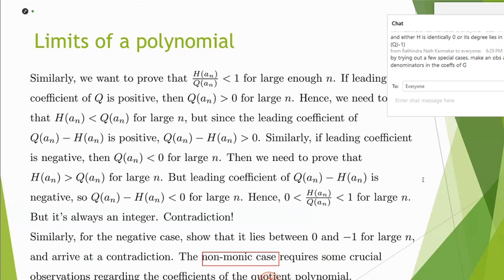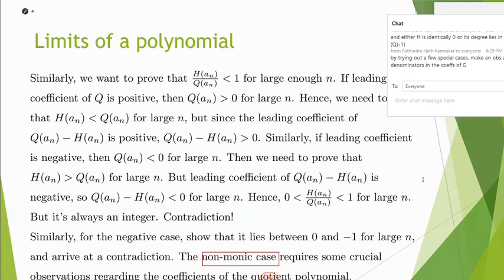You want integer polynomials, not rational ones. g has rational coefficients, so you want to remove the denominator somehow. So you multiply by a large integer so that the denominator gets removed, and then you arrive at a statement which is similar to the statement that you got for integer polynomials, and then you follow the entire proof that you did for integer polynomials and arrive at a contradiction. So that's how you have to approach the non-monic case.